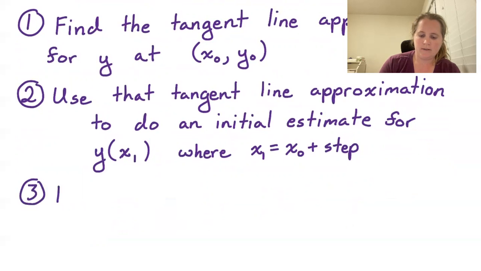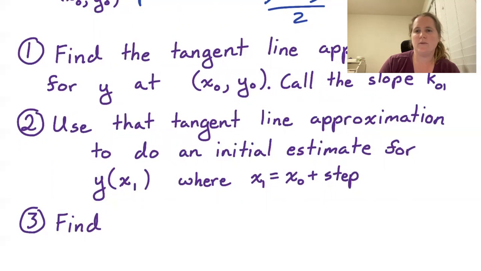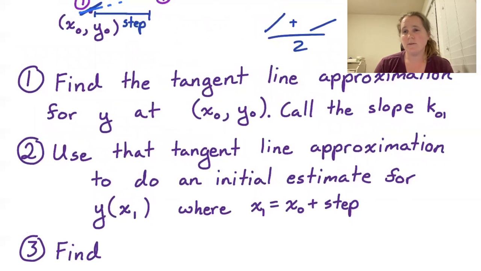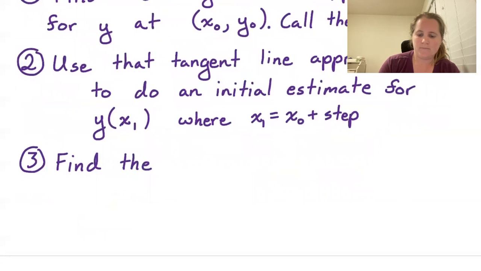Next up, we will find the slope. Oh, I should say here, we'll go ahead and call the slope K01, for from the point 0, slope 1. Now we're going to find the slope at x1, comma, our initial estimate for y of x1.